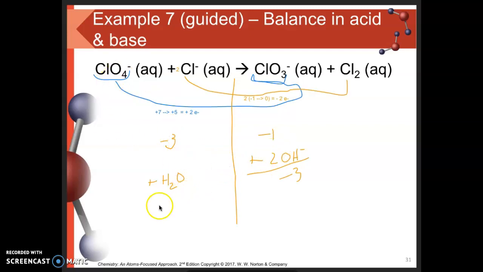And if I sum it all together, now I have perchlorate ion plus 2 chloride ions plus a water molecule, making the chlorate ion, the chlorine molecule, and 2 hydroxides.